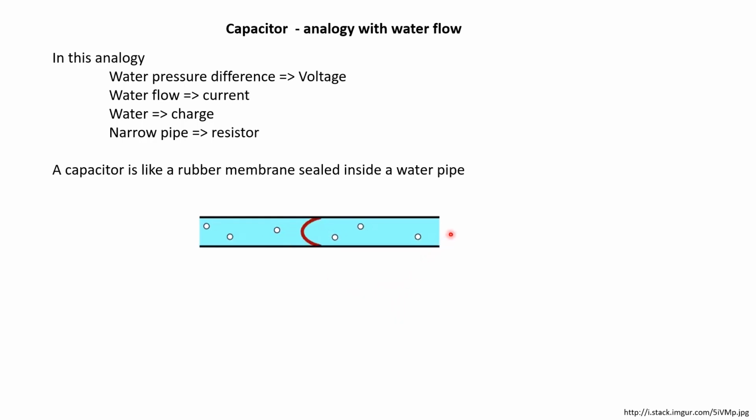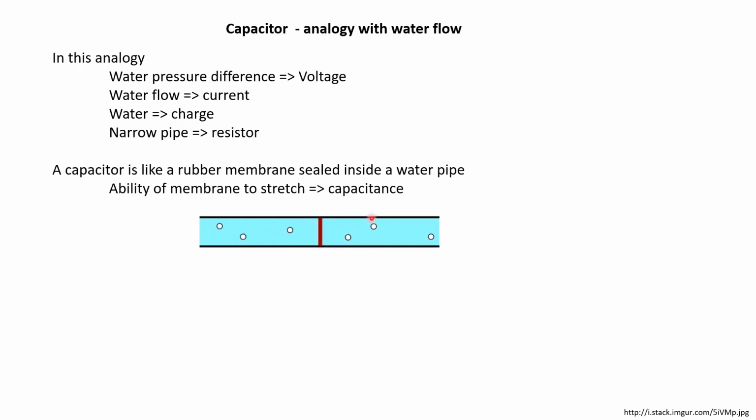Now in this case, if you apply a pressure difference to this water pipe so that you have higher pressure on this side and lower pressure on the left side, then you can imagine water will try to move from right to left and it will stretch the membrane. And the ability of this membrane to stretch and accumulate water can be called the capacitance of this membrane.